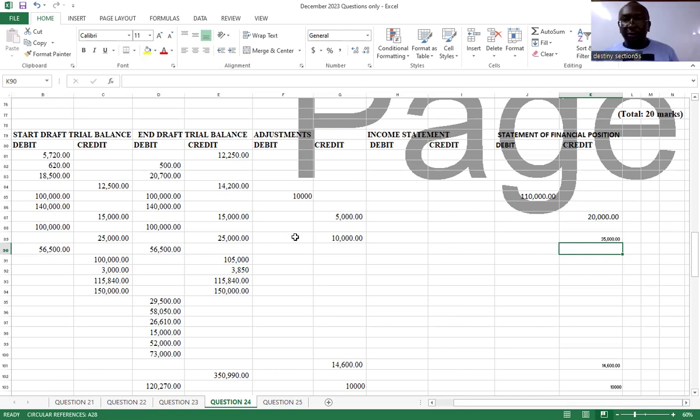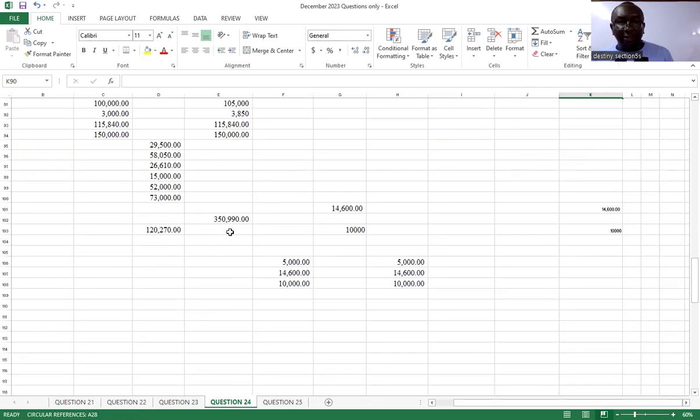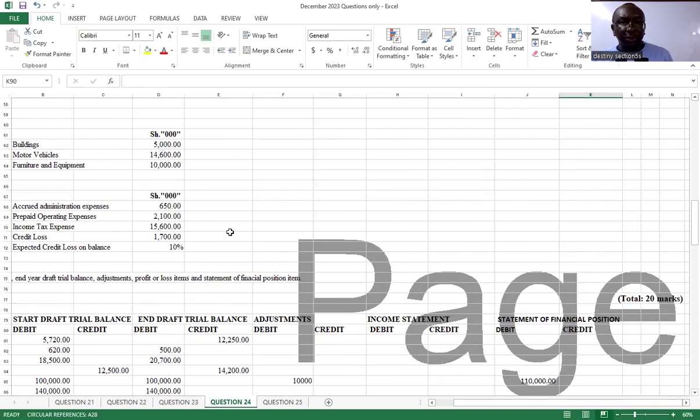Okay, we continue. The next adjustment, we have now the accruals. This is an expense that was incurred, but we never paid. So the impact is that we shall increase the administration expense and increase our liability.